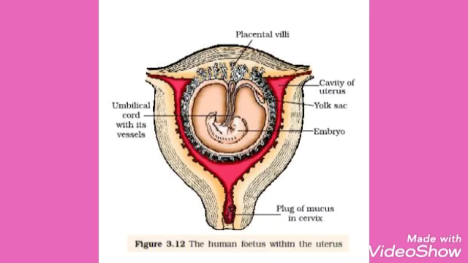Now let us talk about pregnancy and embryonic development. After implantation, finger-like projections called chorionic villi appear on the trophoblast. The chorionic villi are surrounded by uterine tissue and maternal blood.